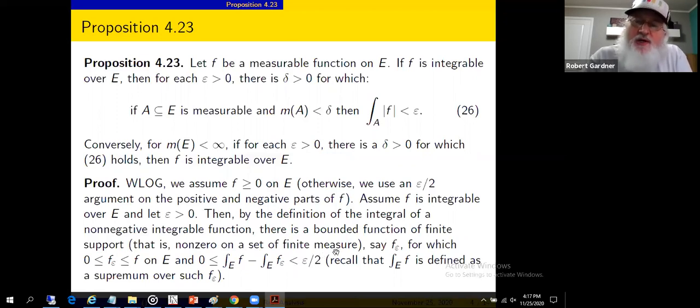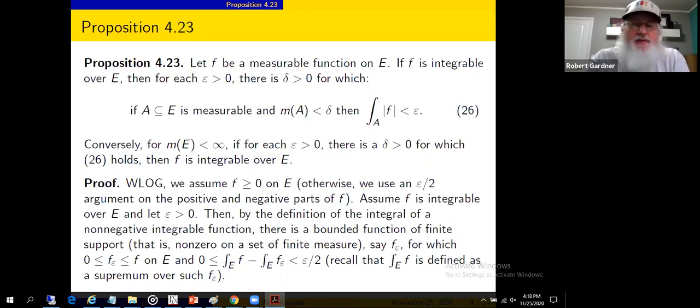That's what finite support was. Call it f sub epsilon, for which 0 is less than or equal to f sub epsilon is less than or equal to f on set E, and the integral over E of f sub epsilon is really close to the integral over E of f. That is, the difference of the integrals is less than any positive amount you like. Let's use epsilon over 2, so we're doing an epsilon halves argument ultimately anyhow.